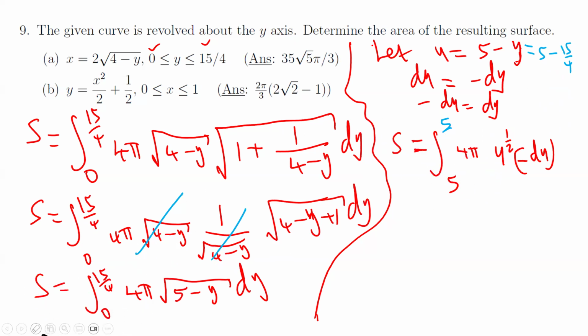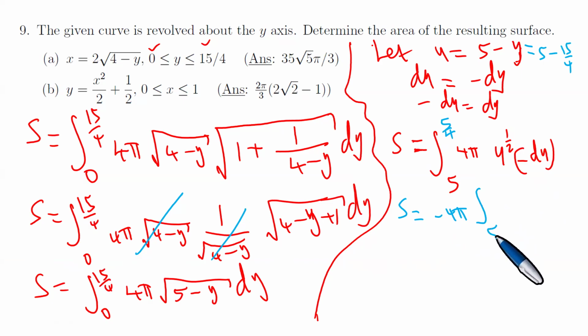Okay, let's check this. Now, yeah, everything is okay. So we have the area of the surface. So you have the minus 4 pi that is going to come out of this. It's a common factor. The minus 4 pi is going to be a common factor.